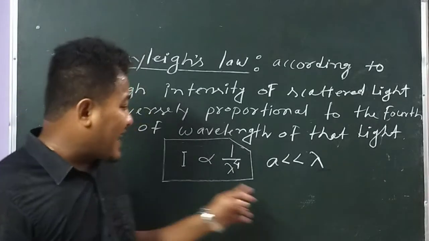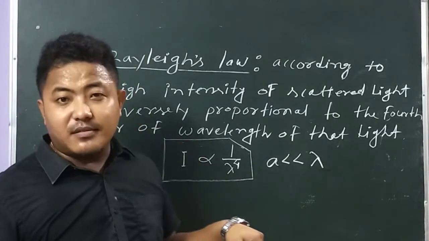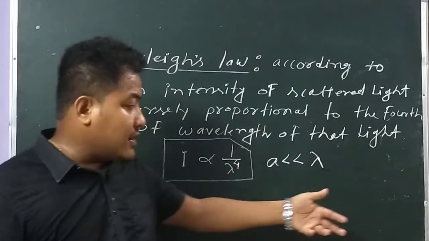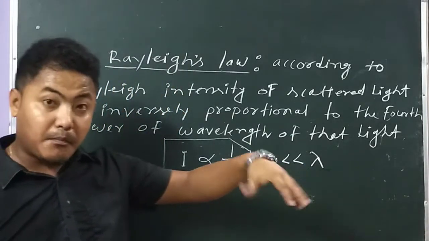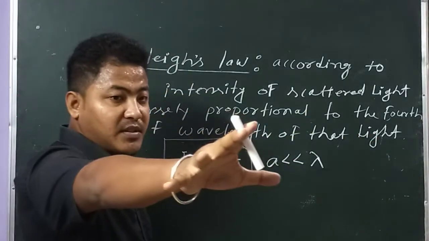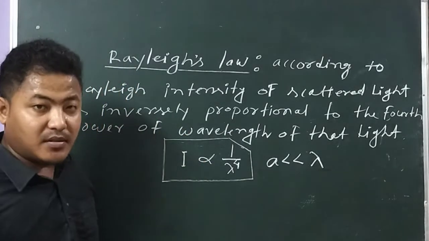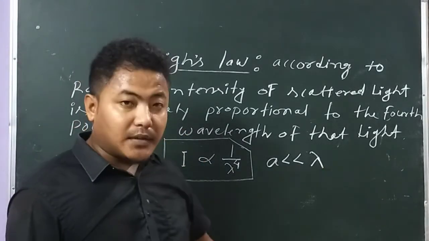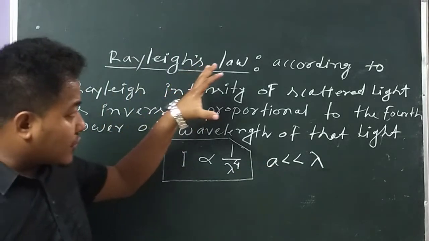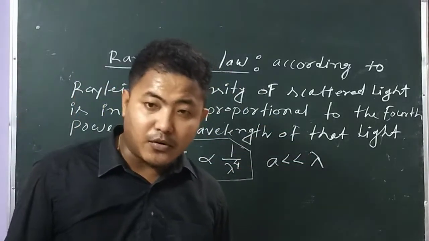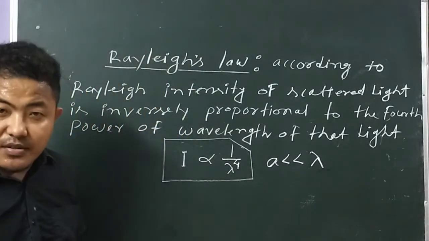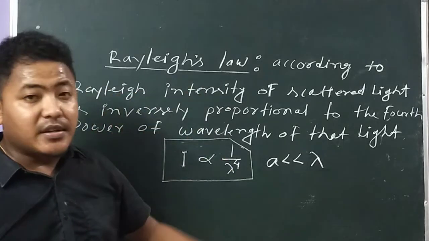Have you got it? Here I is the intensity of scattered light, lambda is the wavelength of that scattered light, and a is the size of the scattering particles that deflect the light. This is called Rayleigh's law, and you should remember it, very important in the concept of scattering of light. Please write it down.